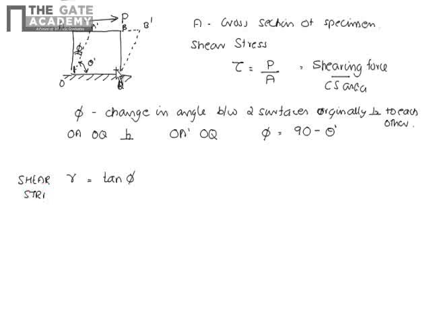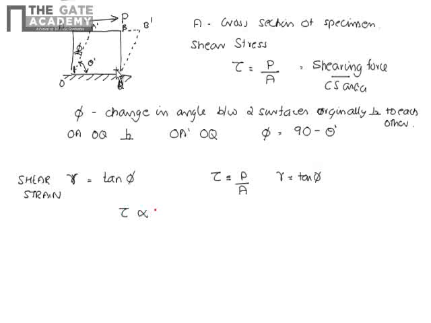So shear strain, which we call gamma, is equal to tan of phi. So we have shear stress as P by A, and the shear strain is nothing but tan phi. Similar to the normal stress, here also the shear stress and shear strain are related to each other.